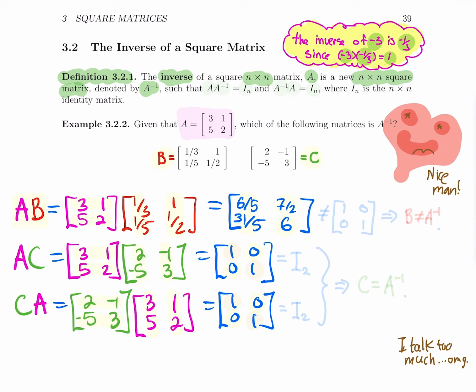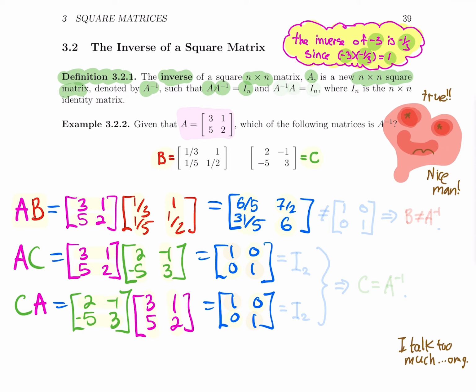Well, if you take your original matrix A and you multiply by the inverse, you're going to get 1. But remember, the 1 for matrix multiplication is the identity matrix. And also, remember, when you multiply matrices, A times B is not the same as B times A. So that inverse needs to give you 1, or the identity matrix, when you compute A times A inverse.